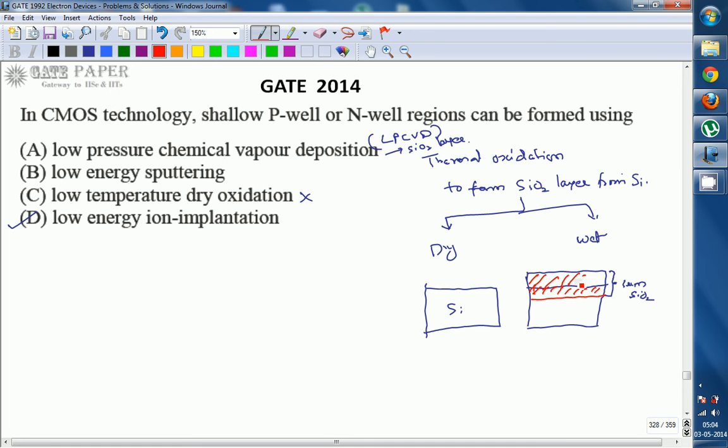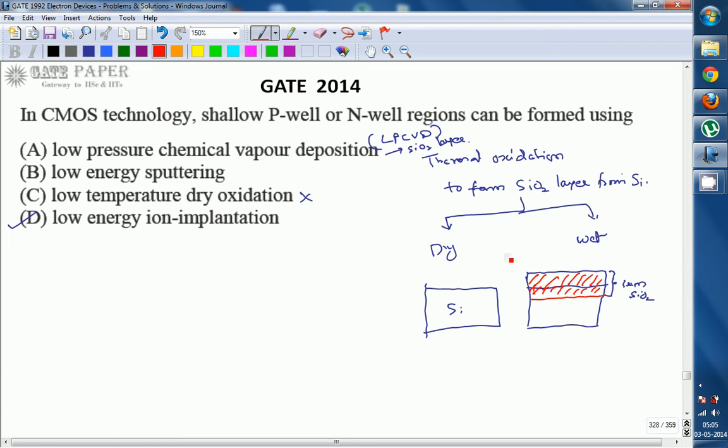and the other portion is from the gas which we use. In the case of wet oxidation it is H2O, that is water vapor; in the case of dry oxidation it is directly oxygen gas. Oxygen gas reacts with silicon at very high temperatures so that an SiO2 layer forms in dry oxidation. Otherwise, water vapor reacts with silicon in wet oxidation so that an SiO2 layer is formed.